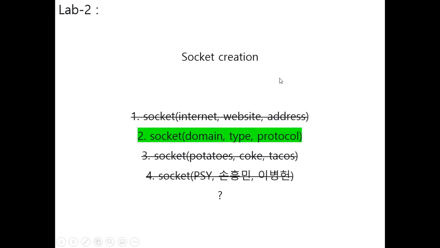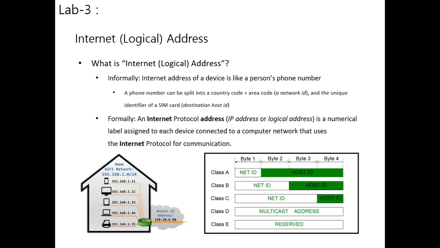In lab 2, we also covered the parameters of socket creation, which were domain, type, and protocol. In lab 3, we talked about internet addresses and how they're represented. The internet address was the IP address, formally defined as an Internet Protocol address.